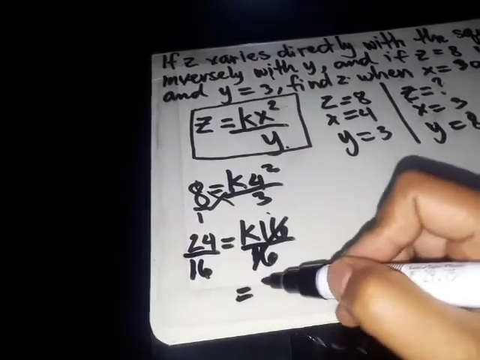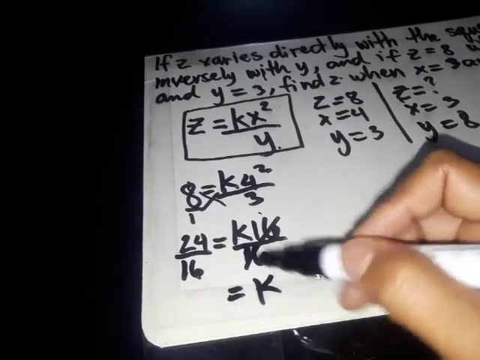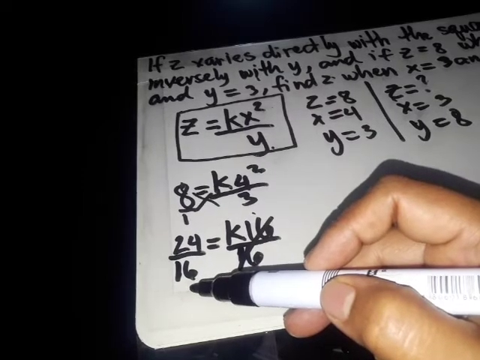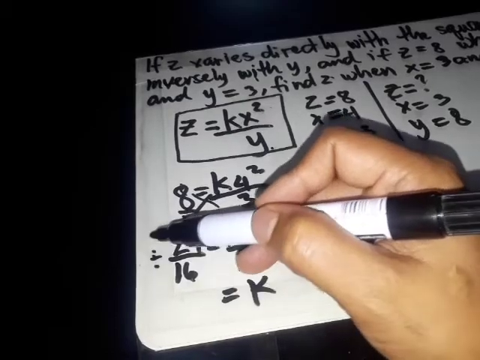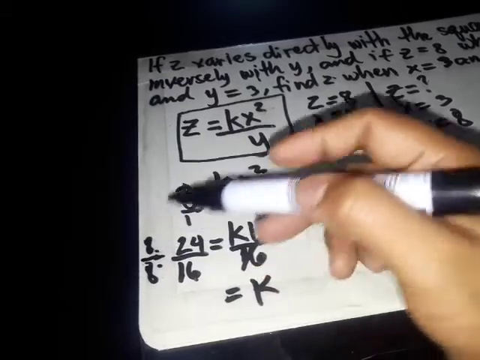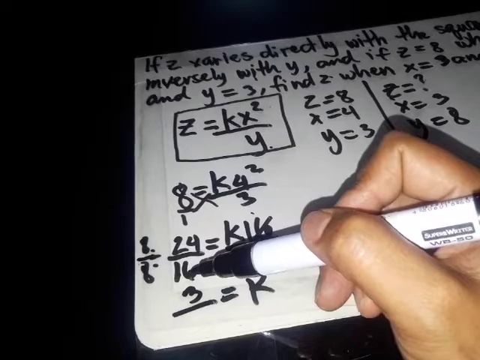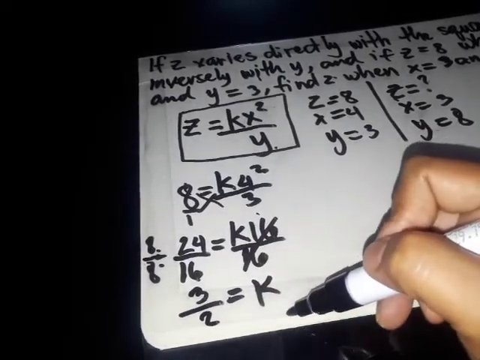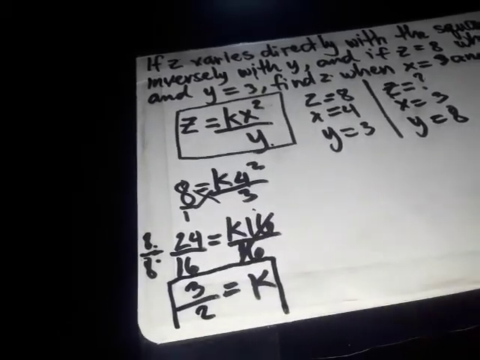So, ang ating k ay 24 all over 16, or kung napapansin niyo, 24 and 16 are both divisible by 8. Okay? So, if we divide both numerator and denominator with 8, so 24 divided by 8 is 3. 16 divided by 8 is equal to 2. So, ang ating k ngayon ay 3 halves. Okay? Yan. So, meron na tayong k.